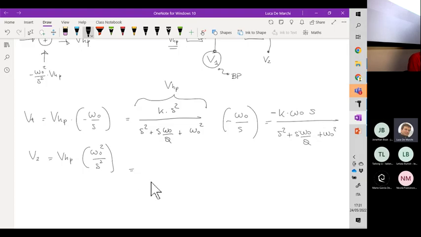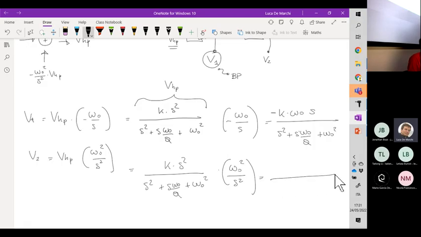If we repeat the same analysis for V2, we have K S² over S² plus S omega null over Q plus omega null squared, times omega null squared over S². If you compute this result, what you get is K times omega null squared over S² plus S omega null over Q plus omega null squared.